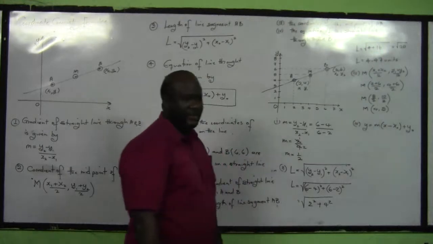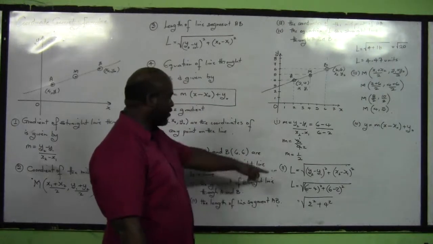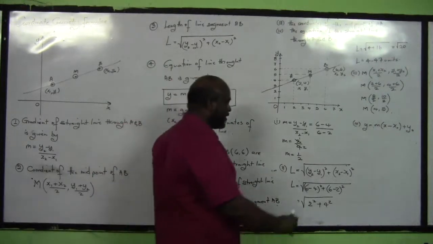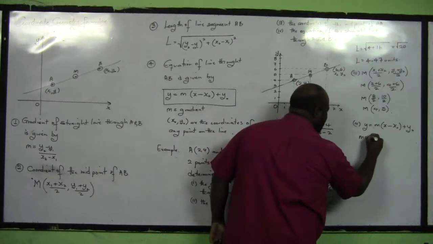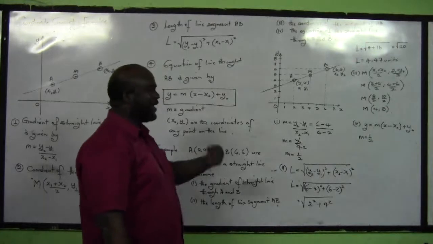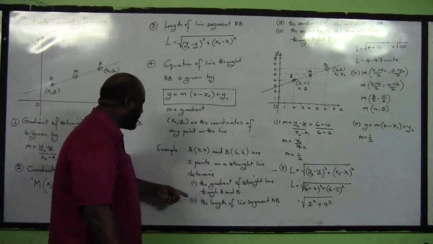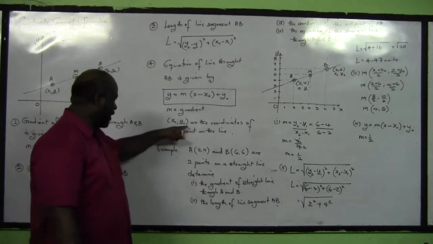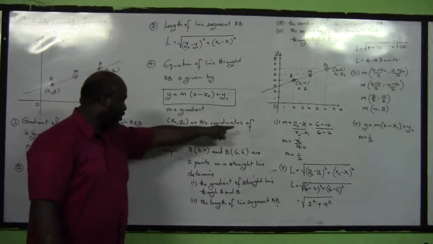Two things I need. I need the gradient. m is a half. Now, the next thing I need is x naught, y naught. What is x naught, y naught? They are the what? Of what?